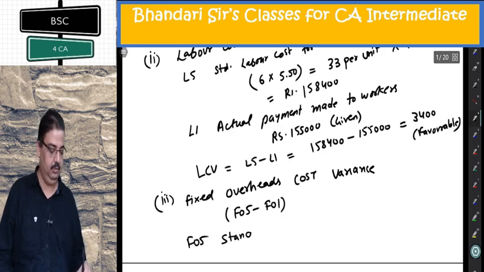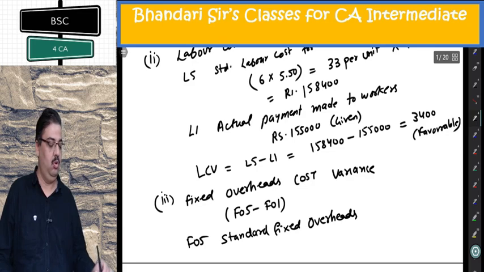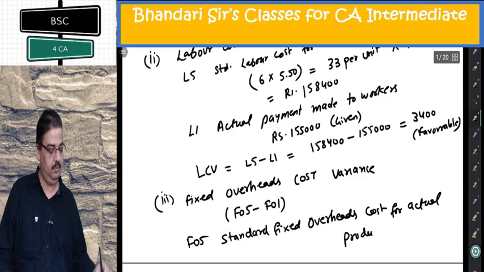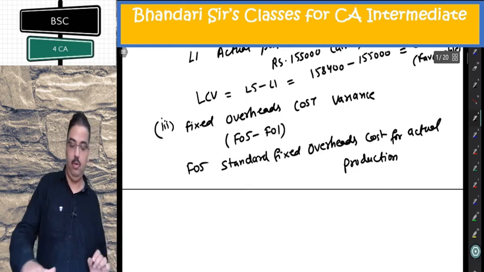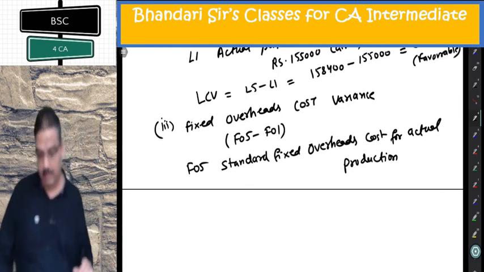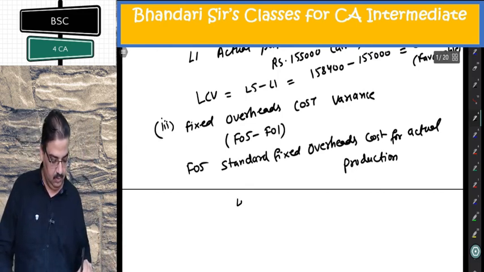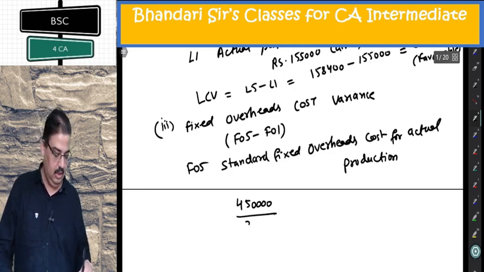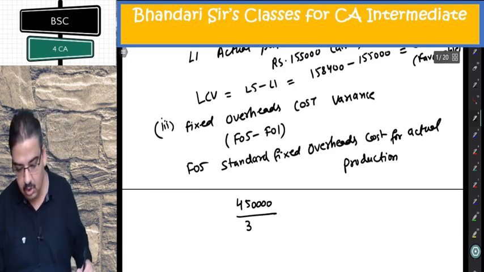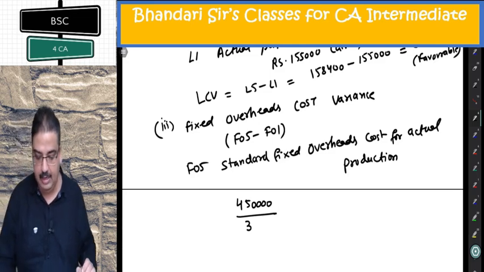FO5, standard fixed overheads cost for actual production. 4,50,000 budgeted for the month divided by how many units were planned to be produced.